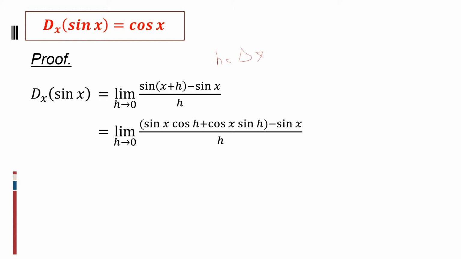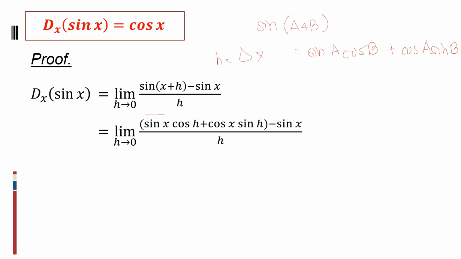So now, that is equal to the limit of, okay, baka nagtataka kayo, bakit itong sine of x plus h naging, eto na siya. So, i-review lang natin, kung maalala ninyo yung sine a plus b ninyo sa inyong trigonometry, that is equal to, di ba, sin a cos b plus cos a sin b.